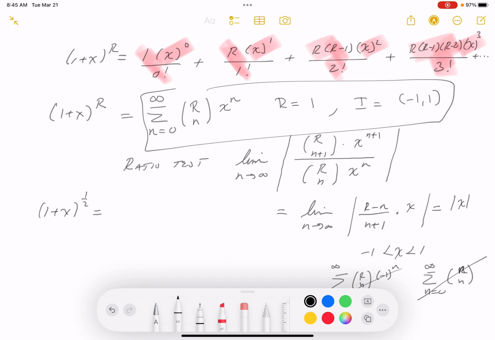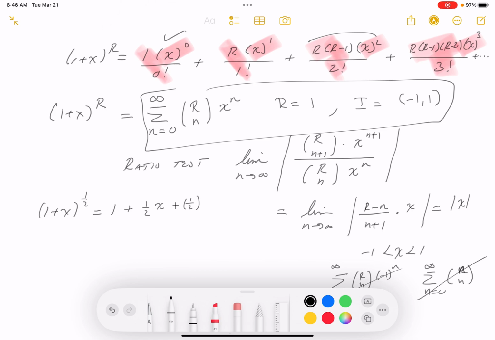It might look strange to you, but first term's going to be 1. That comes from this over here. What's the next term going to be? It's going to be plus, let's take a look at it. It's going to be r, which is 1/2, over 1x. That's not so bad. Now the next one, again, we're doing this on the third term. That's going to be 1/2. It's going to be a little strange over here.